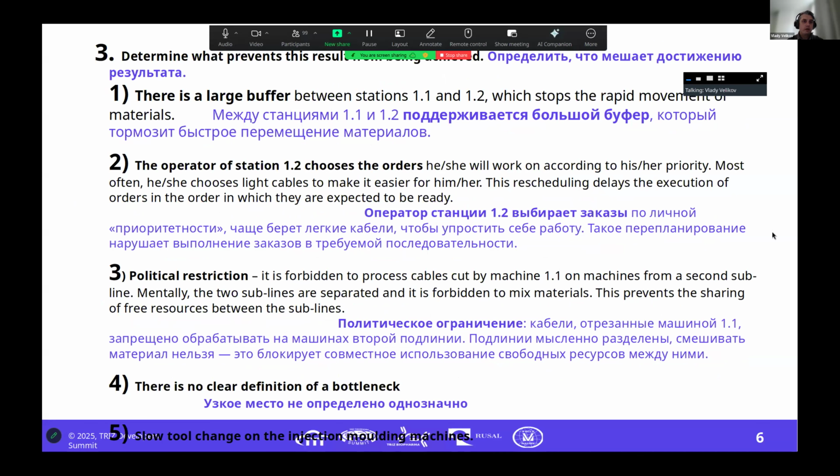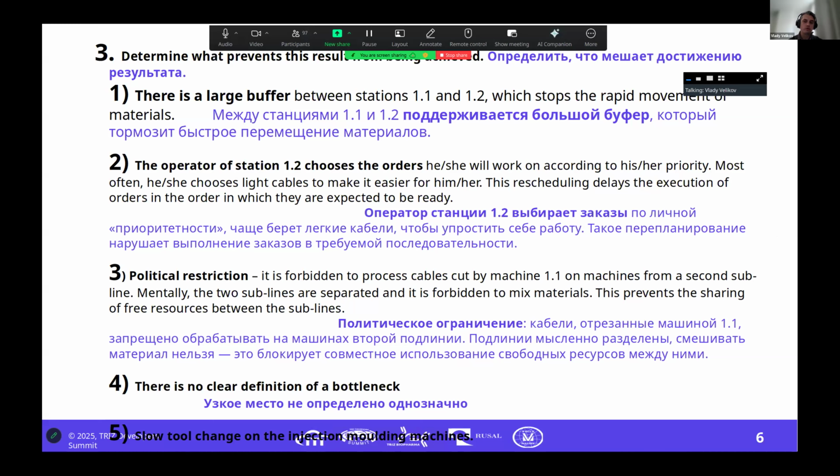And here I defined what prevents this result from being achieved. First is the buffer between station 1 and 2, which is very big, and it's stopping the good flow of materials. Second point is that the operator of station 2 chooses the orders. This is not good.